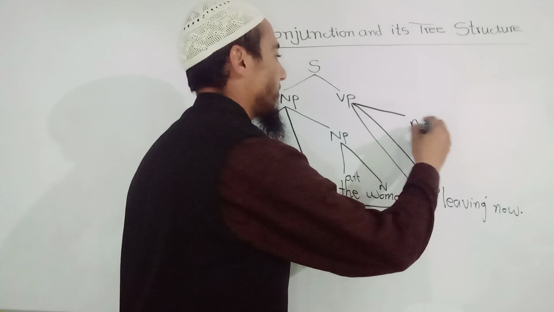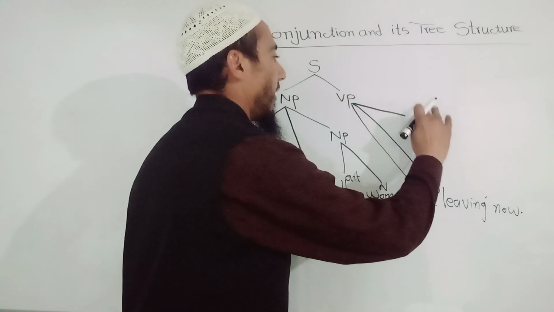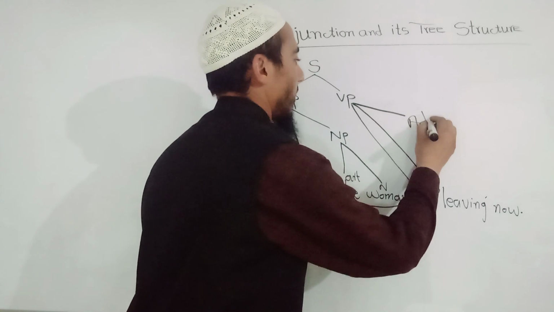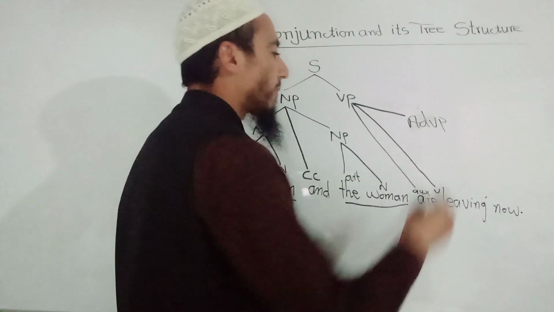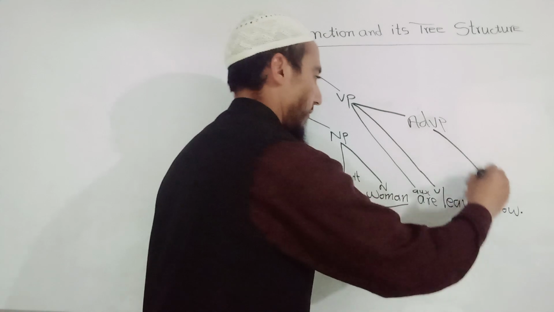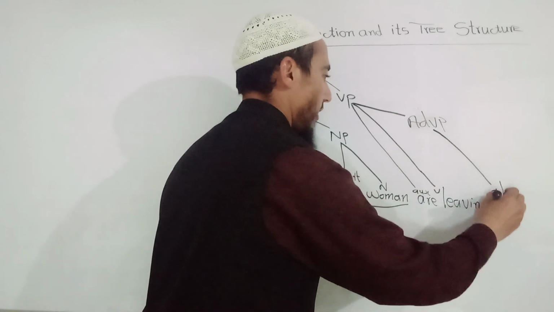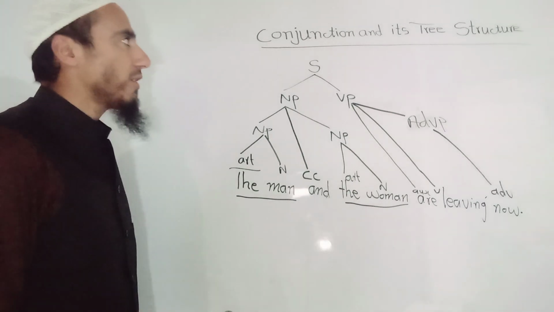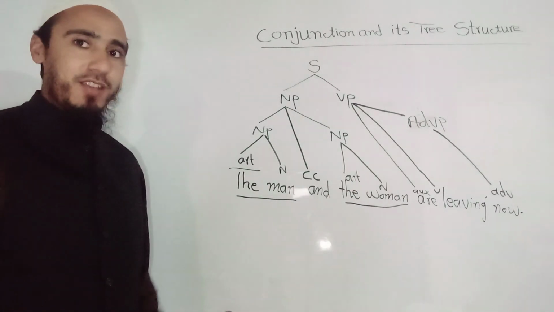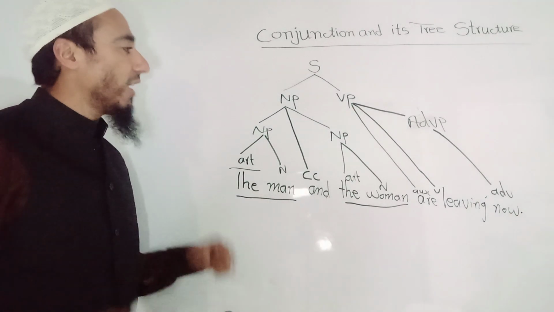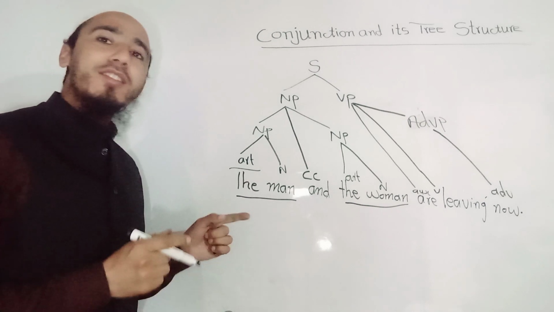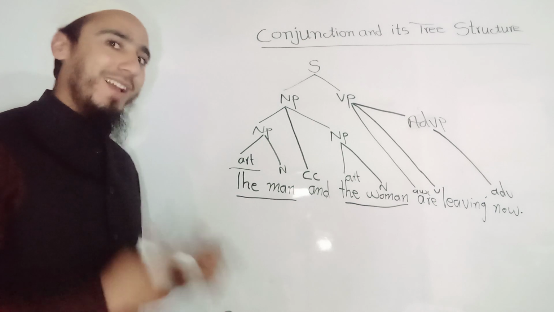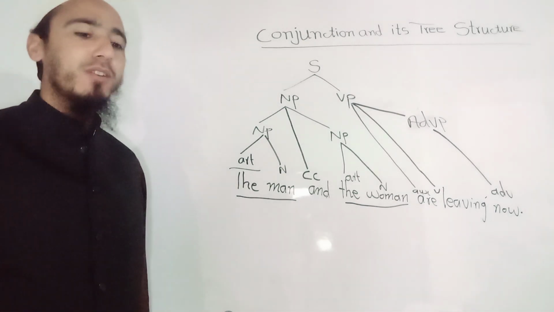So here we are separating it from VP, ADVP means adverbial phrase. So we have ADV. So this is the structure of the conjunction, that is how to draw a tree diagram for a conjunction when it is within or inside noun phrases.